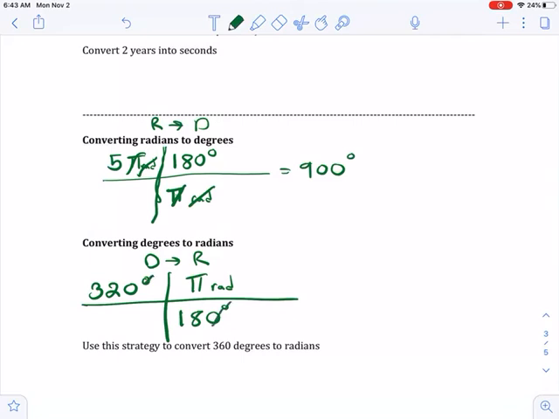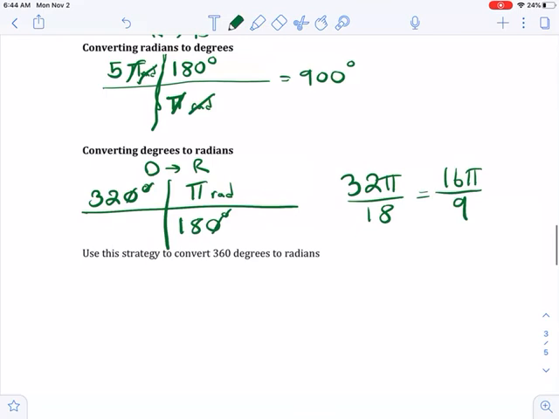I could even cross out these zeros in an attempt to simplify this. So I'm left with 32 pi over 18. And then I do want to simplify that, so I can get down to 16 pi over 9. And that appears to be as far as we can go. So 16 pi over 9 radians is what we would leave this as. That's our final answer.